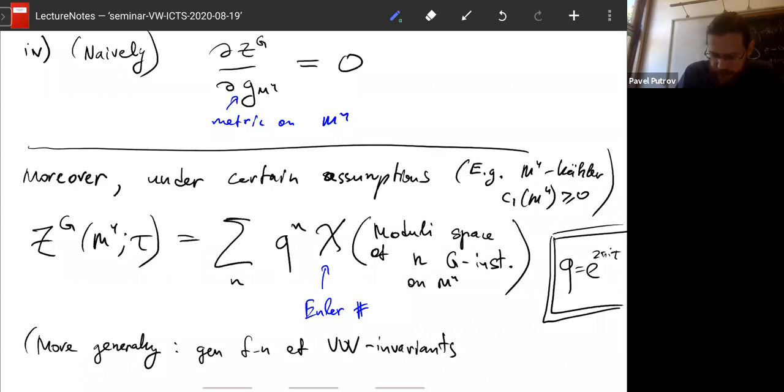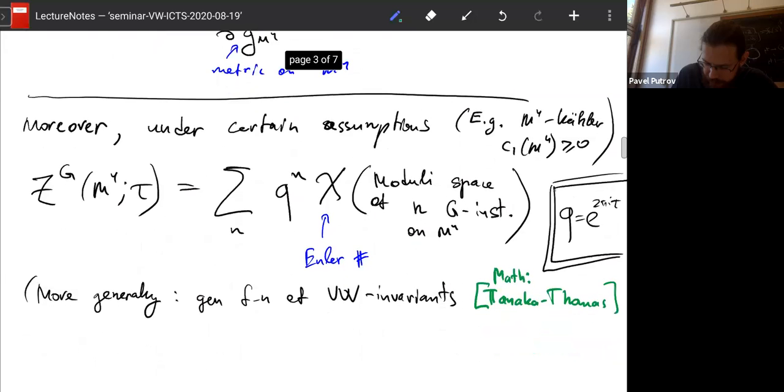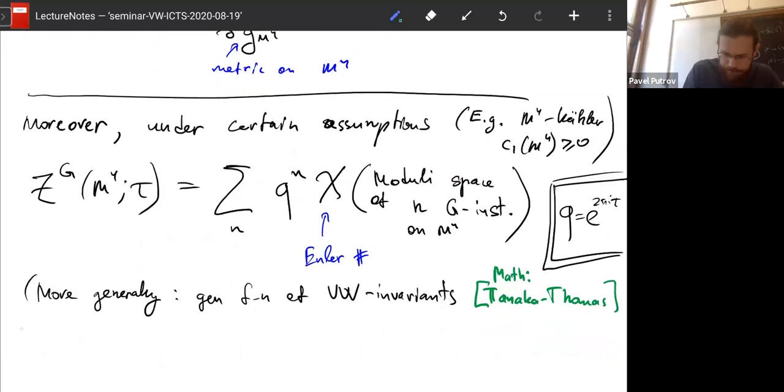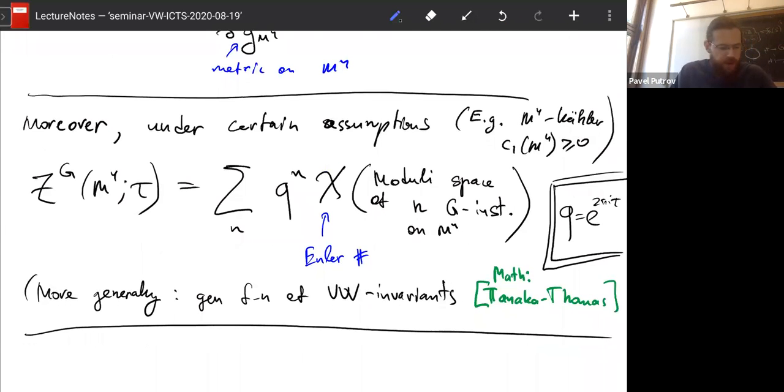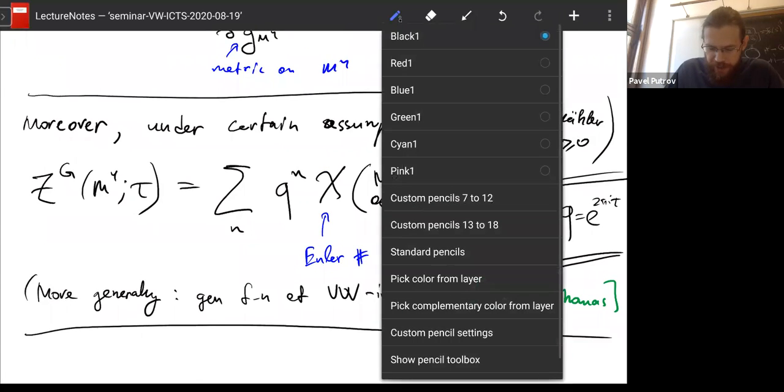If you're interested in the mathematical side of the story, these were only relatively recently mathematically defined, for example in the paper by Tanaka and Thomas. But let us assume that.